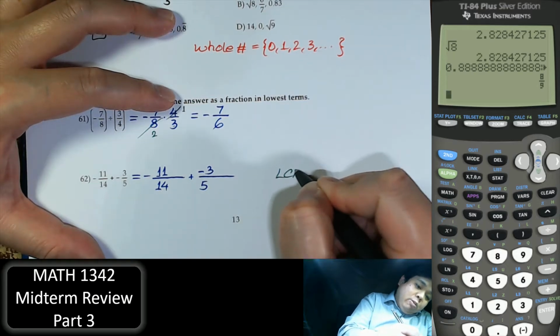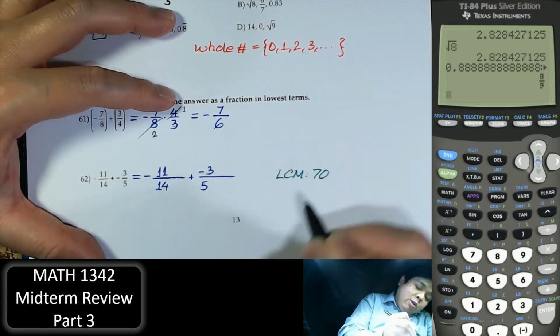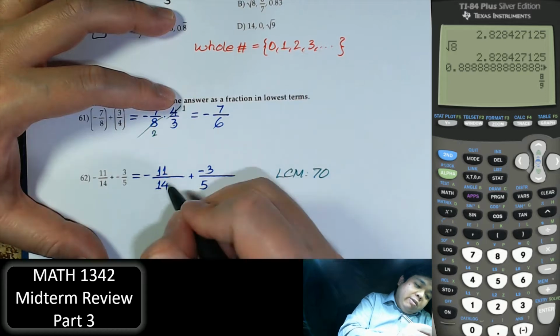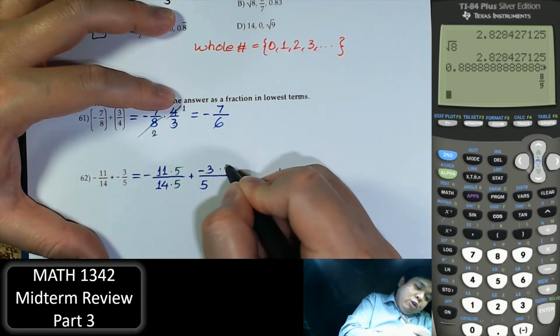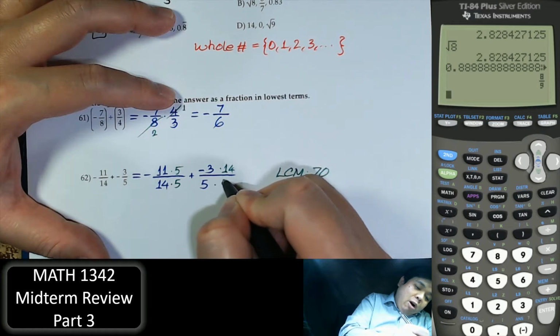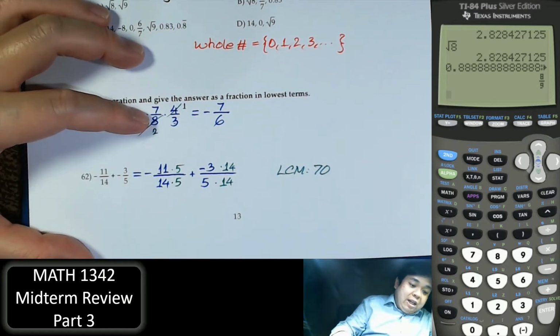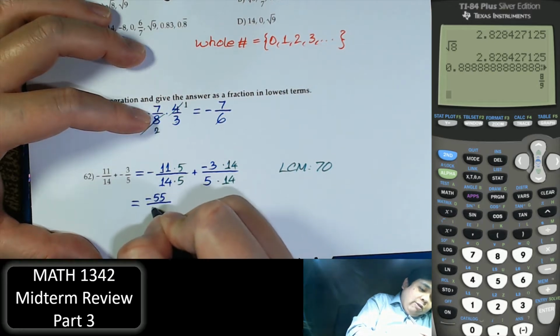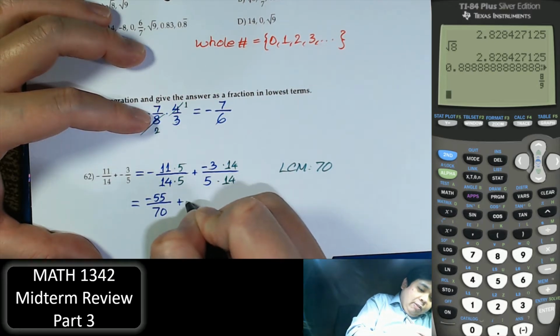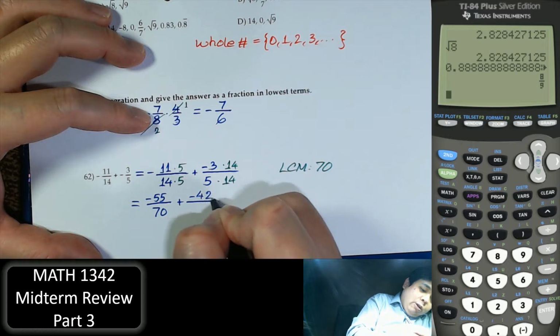So least common denominator of 70. We multiply by 5 here and multiply 14 top and bottom here. So in that case, on the top we have negative 55 over 70 and negative 42 over 70.